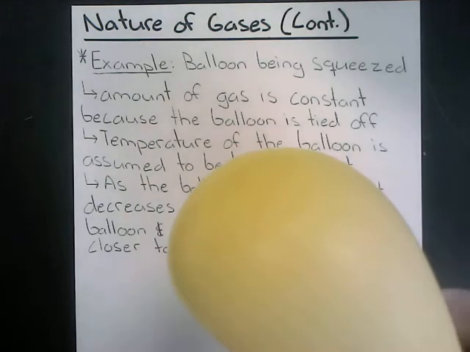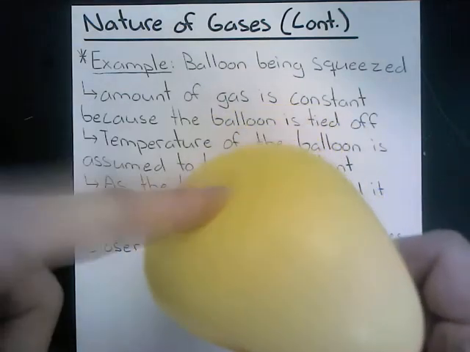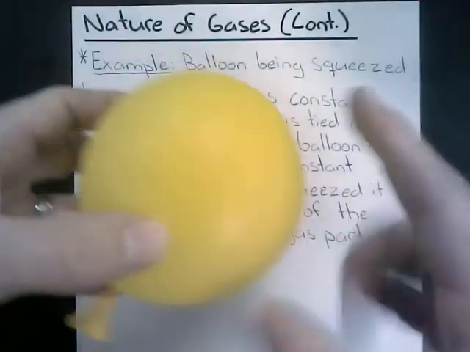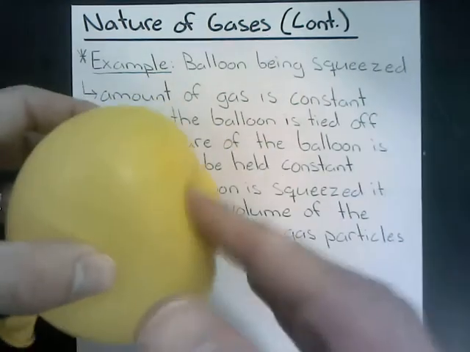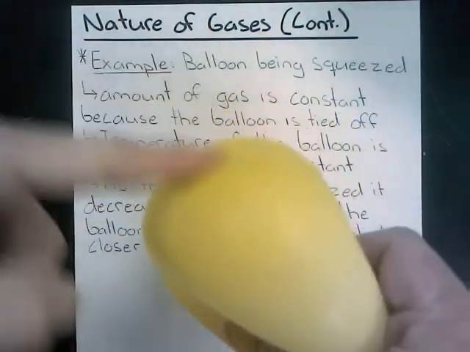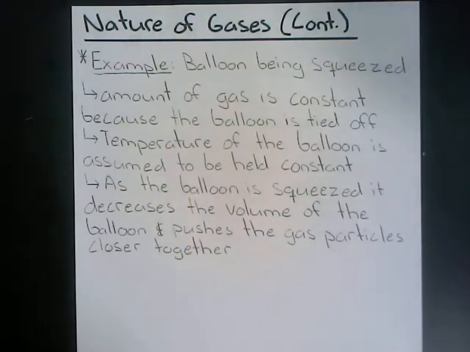So that's why when we squeeze that balloon, we feel that surface get tighter, and when I let it go, I can poke a little bit deeper into the balloon. I squeeze it, I can't poke as deep, but if I let it go, I can poke deeper, and that's because the pressure of the balloon is also increasing.